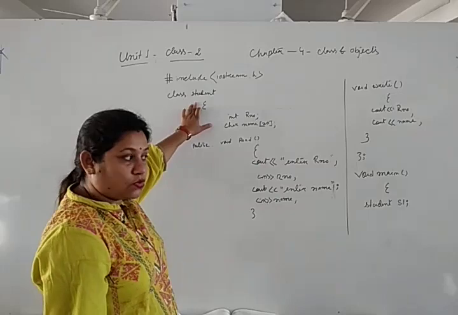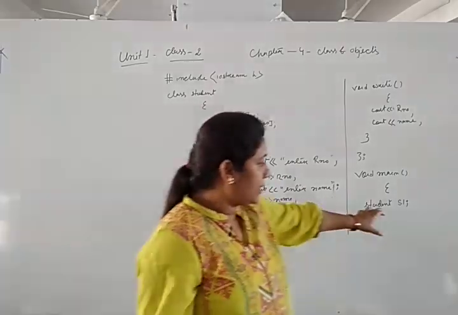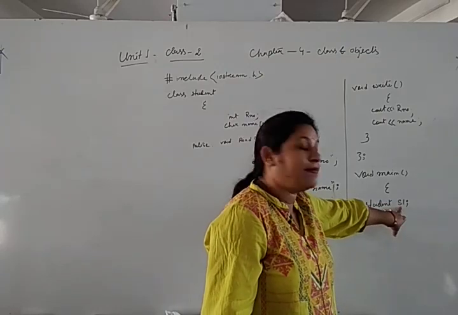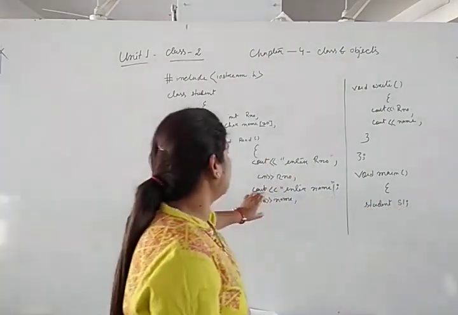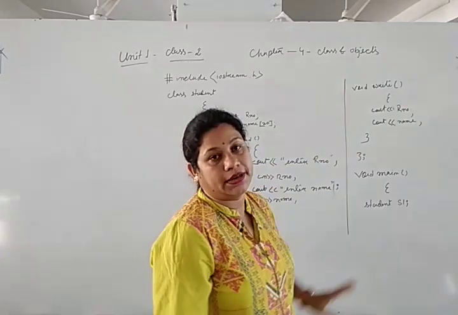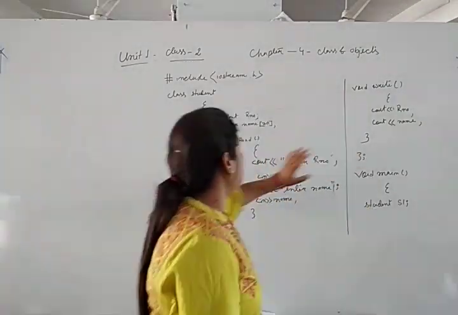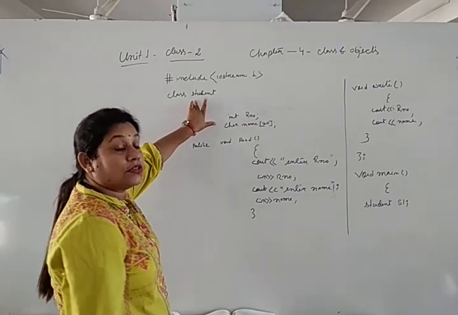This is the class student and I am declaring one object using the name student. This object S1 can access read and write only. Why? Because read and write are the member functions of the class student.